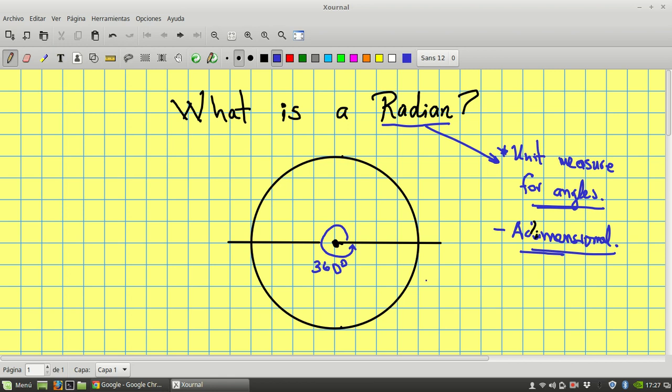And this is pretty important, because the circumference or perimeter of the circle is 2 pi r. So this is the arc of 360 degrees, or the perimeter of the circle.